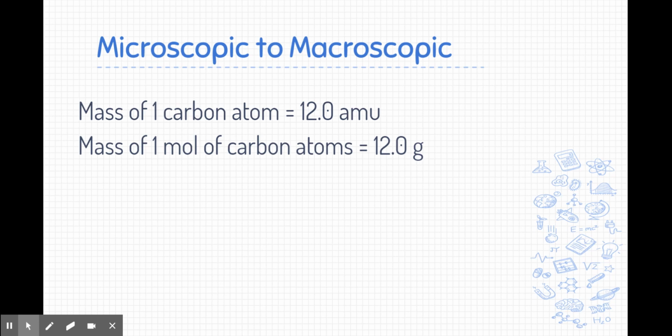So the mass of 1 carbon atom is equal to 12.0 atomic mass units. The mass of 1 mole of carbon atoms is equal to 12 grams. Well, this is not a coincidence. This is the reason the mole was selected to be 6.02 times 10 to the 23.